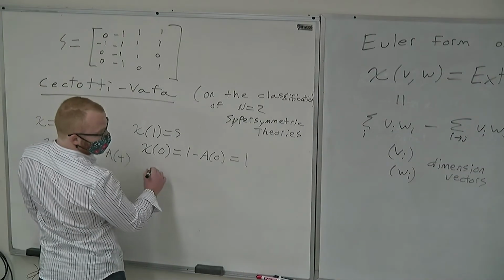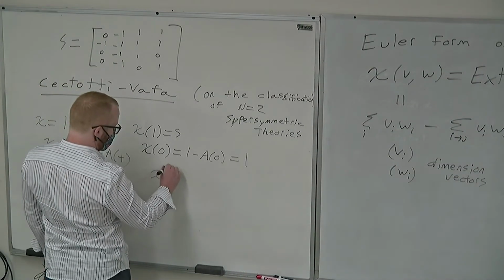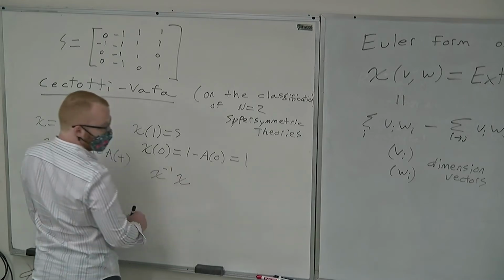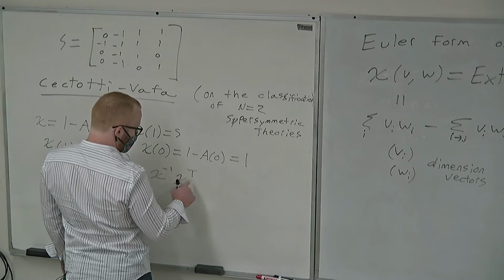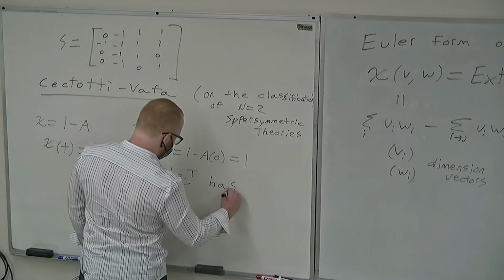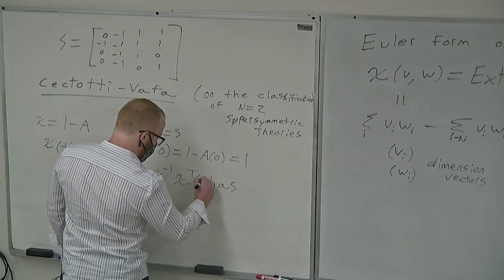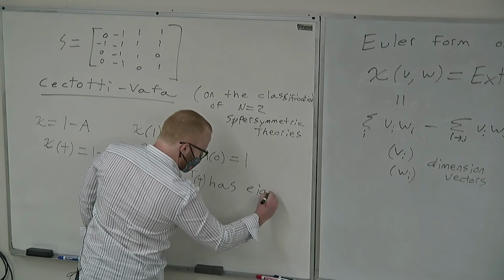The condition I want is that negative x negative x tau has eigenvalues in the circle.